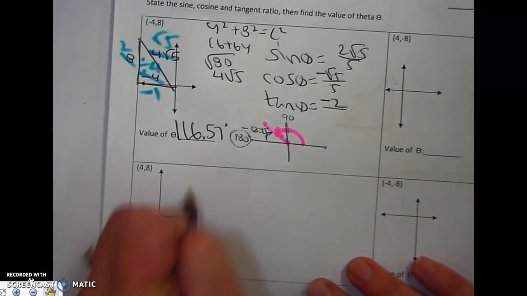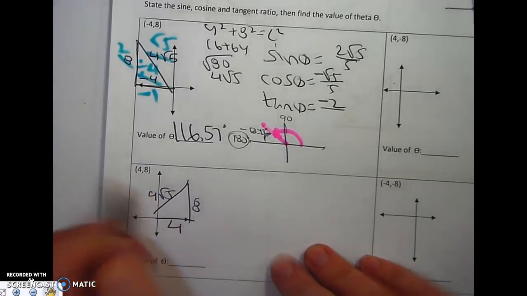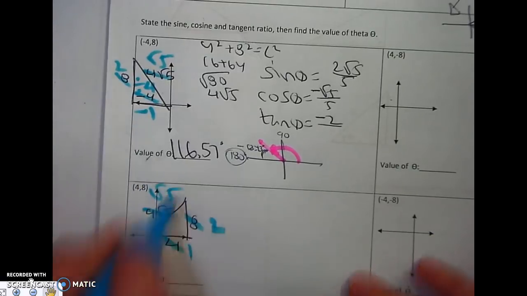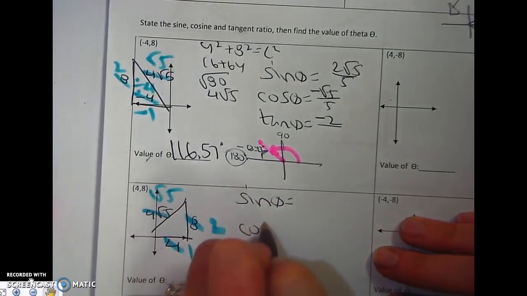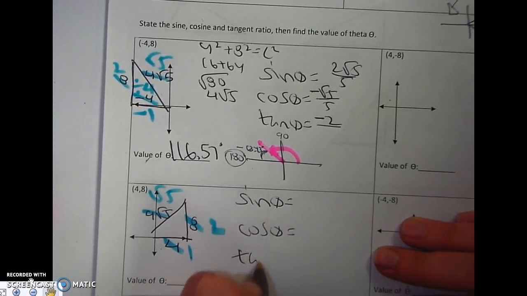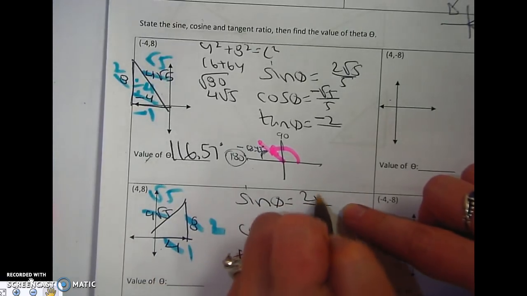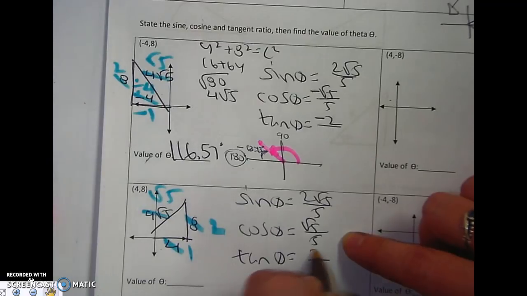Let's jump to this one. Right 4, up 8, Pythagorean theorem, 4 rad 5. Sine, cosine, tan. They're all positive because it's all in the first quadrant. So I know that no matter what the calculator tells me, it'll tell me the right answer because it's positive. 2 rad 5 over 5, rad 5 over 5, 2.